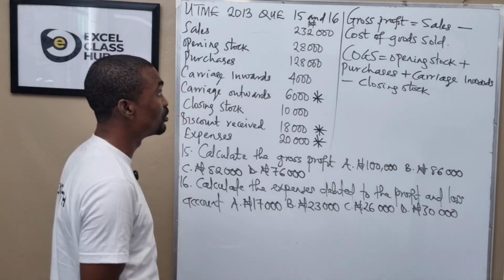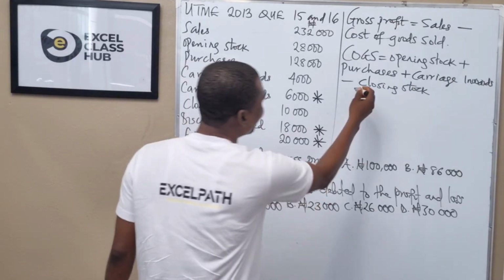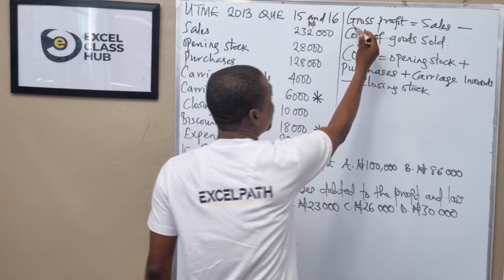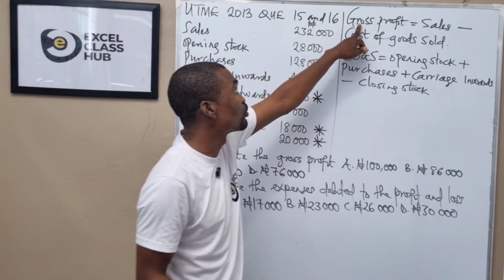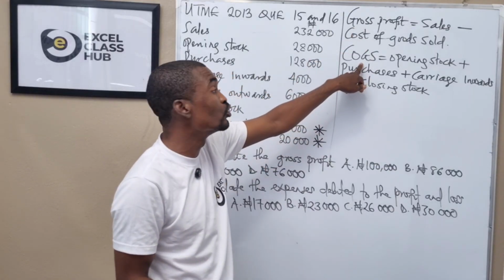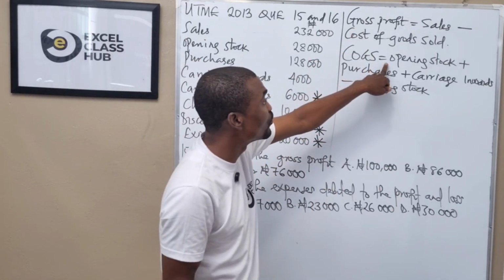So we are asked to calculate the gross profit. Let's get our cost of goods sold first. Don't forget, gross profit is equal to sales minus cost of goods sold. So for us to get the gross profit, we have to calculate the cost of goods sold first. And I've given you the formula.